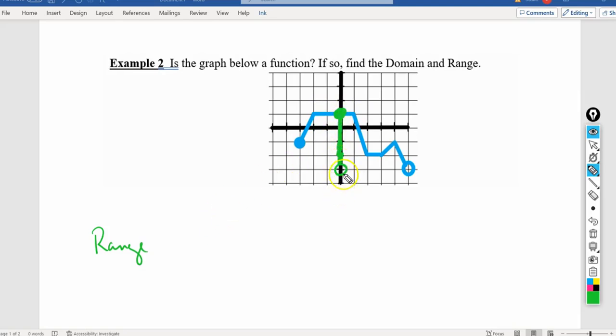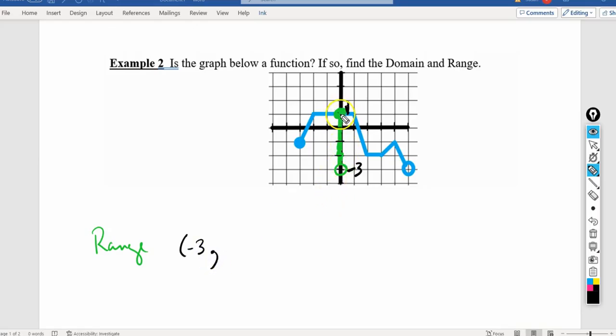Now you have to read it from bottom to top, and you have to give it an interval form. So with these grid marks, -1, -2, -3, up to +1 is where that is. And so the range from bottom to top, I start at but do not include -3.